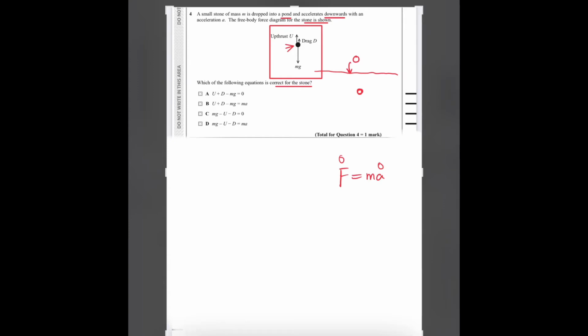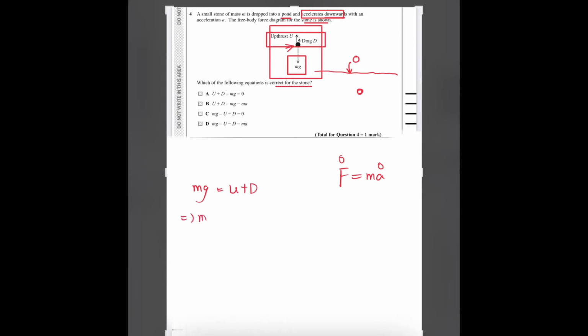So if it said that the object is at terminal velocity, or moving at a constant speed, then the sum of the downward forces would be equal to the sum of the upward forces. So mg would equal upthrust plus drag.